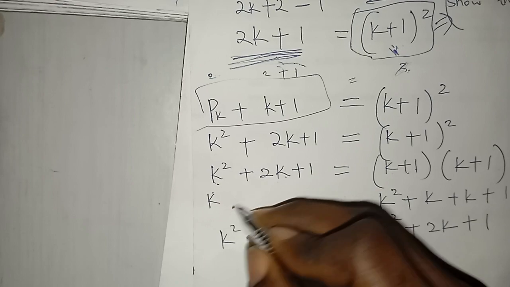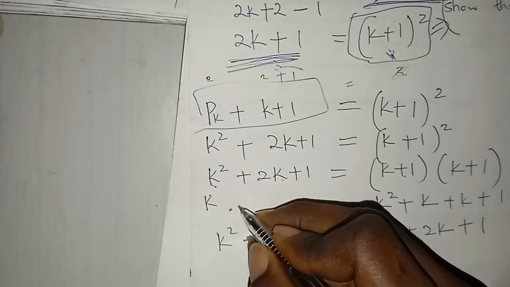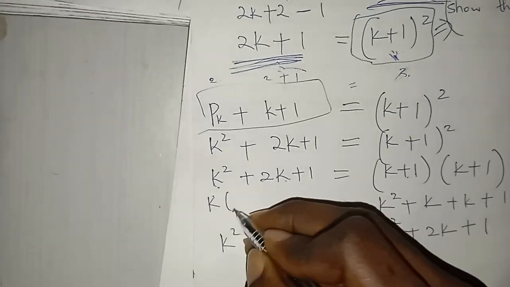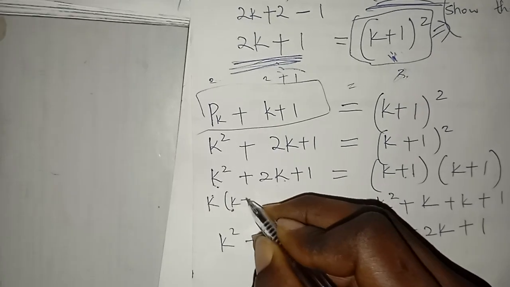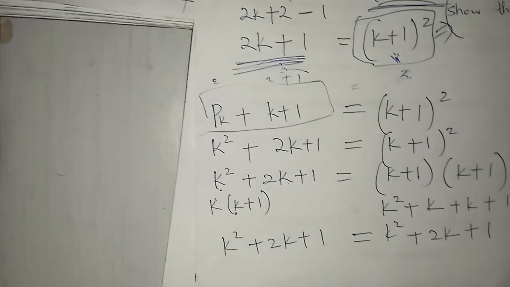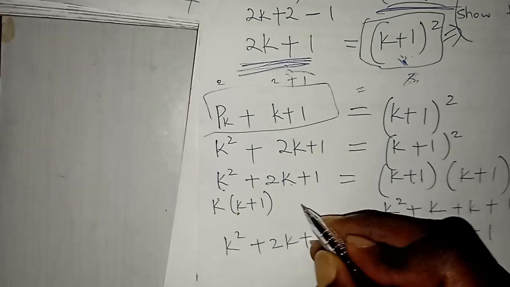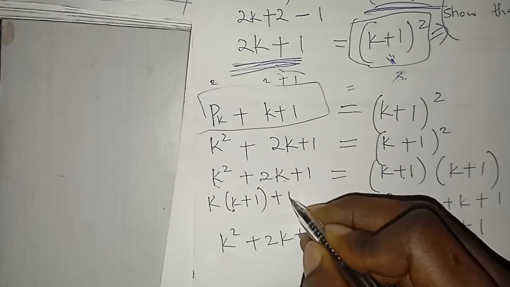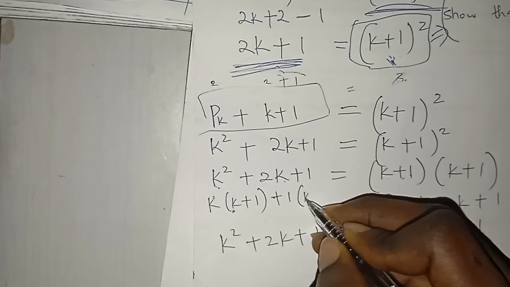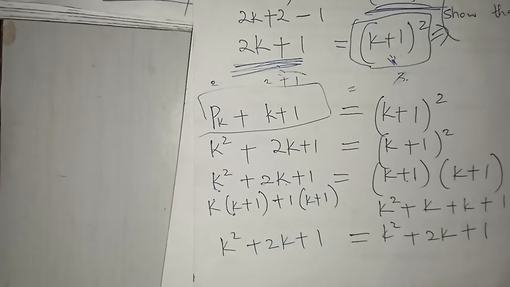K is common, using factorization. So I now have k plus 1. Then I also have plus 1 into k plus 1.